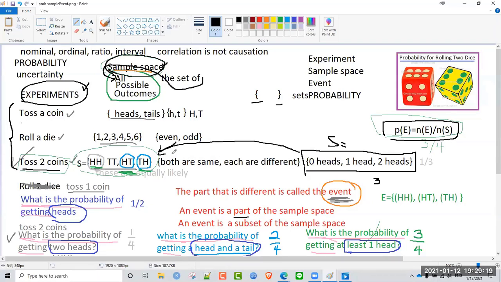So somehow, as I said, we have to know that these are equally likely, and I don't even know how to know that. So maybe you just have to believe it. There must be some way to know it, but I actually don't know that. But anyway, once we identify an equally likely sample space, then we can use this formula.